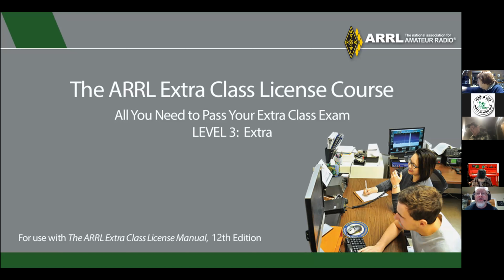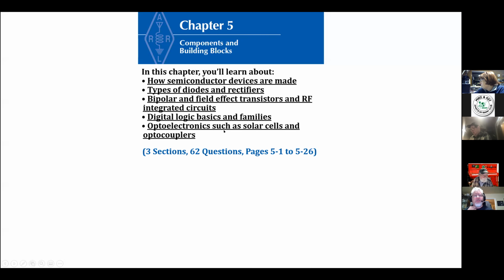Alrighty, welcome everybody to Chapter 5. We'll jump right in here. So Chapter 5 is how semiconductor devices are made, types of diodes and rectifiers, bipolar and field effect transistors, and RF integrated circuits, digital logic basics and families, optoelectronics and solar cells and optocouplers.